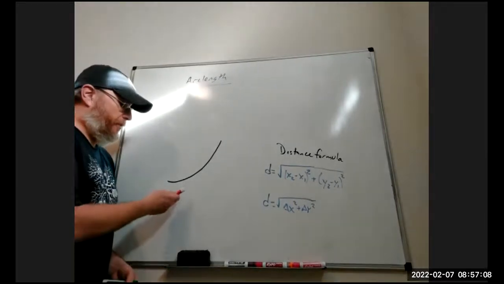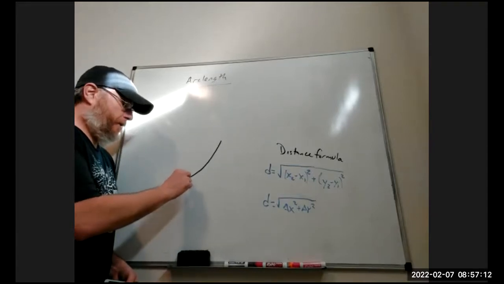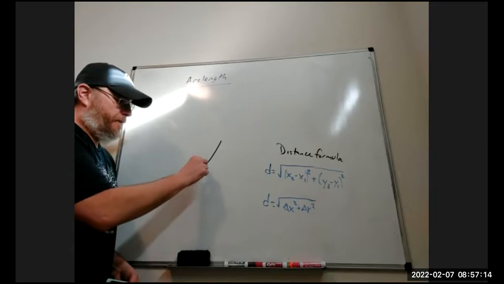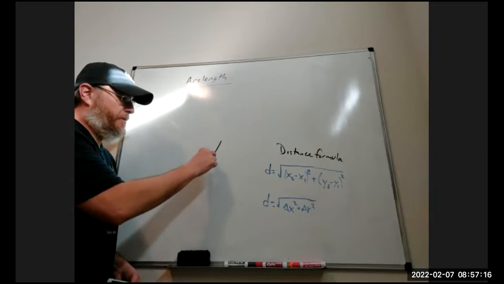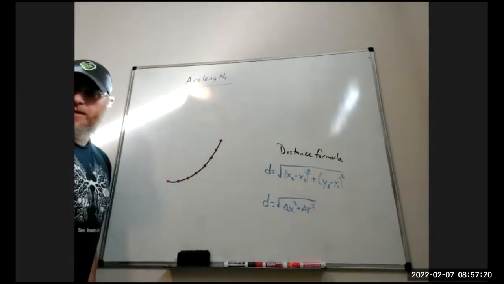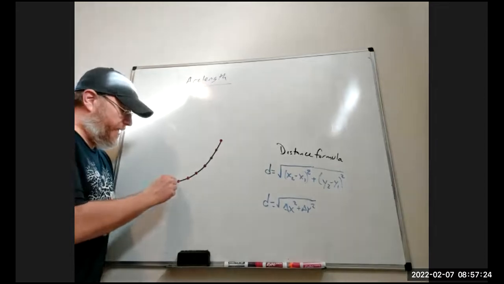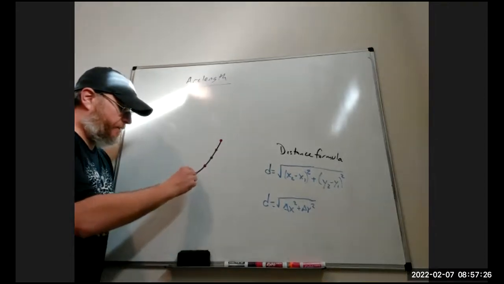And so you go, all right, well, what if I just go from this point to this point, and I'm just going to split this into a couple intervals with some points on it. So hopefully you guys can see all those dots. And what I could do is just connect those dots with line segments.